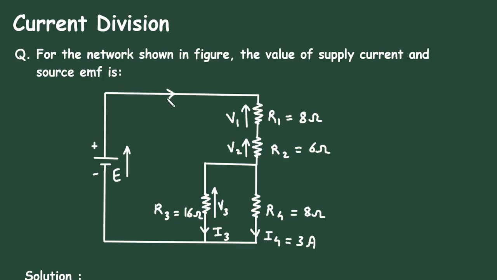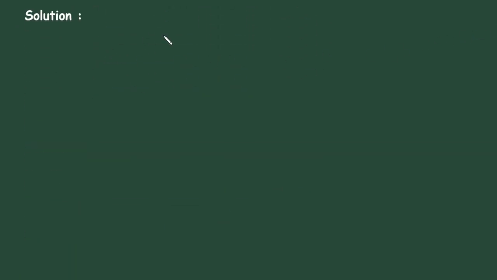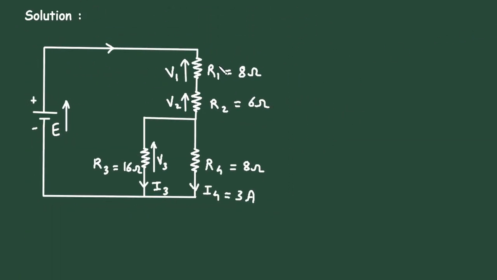Current division. Question: what will be the reading of the ammeter in the given figure if the voltmeter reads 12 volt? So here in this circuit, we have to find the value of this ammeter reading when this voltmeter reads 12 volt.